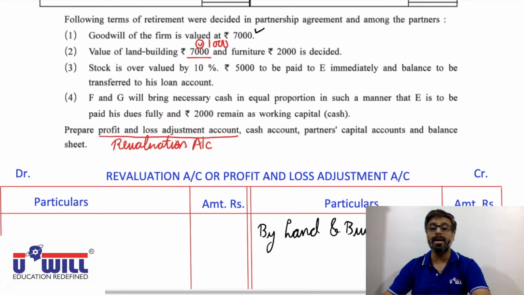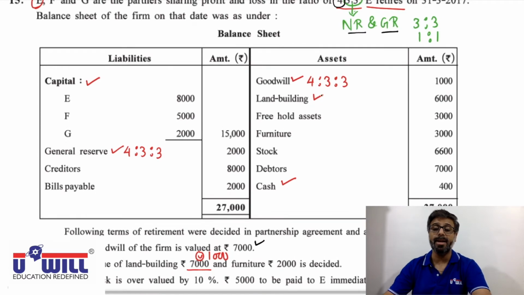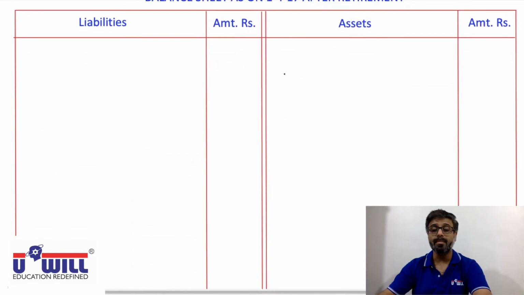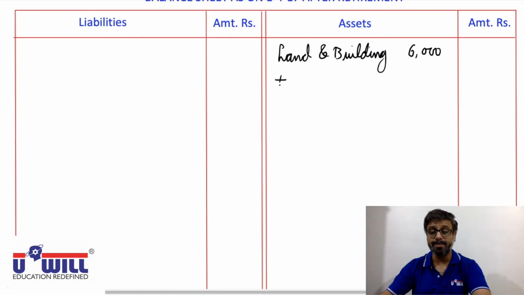And land and building account is a debit balance, we debit it again, so debit means plus in land and building. So land and building on the asset side: 6000 plus appreciation of 1000, so outer column 7000.